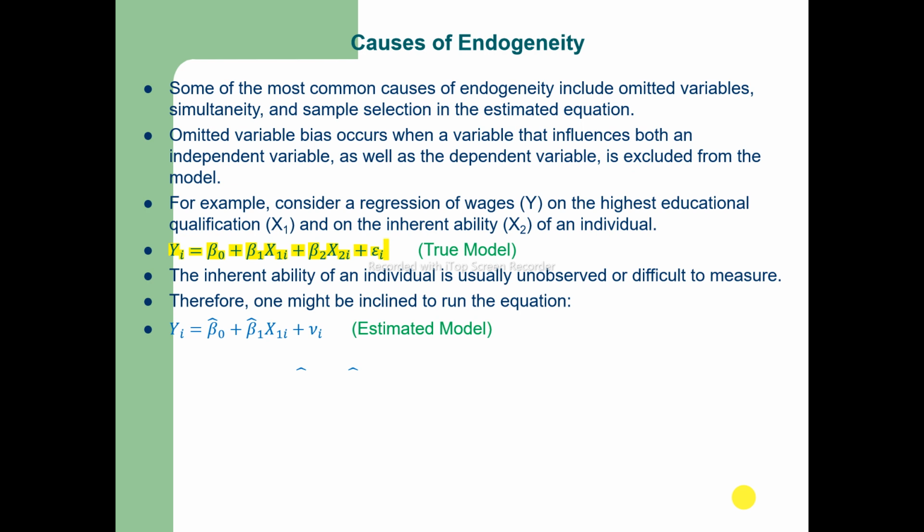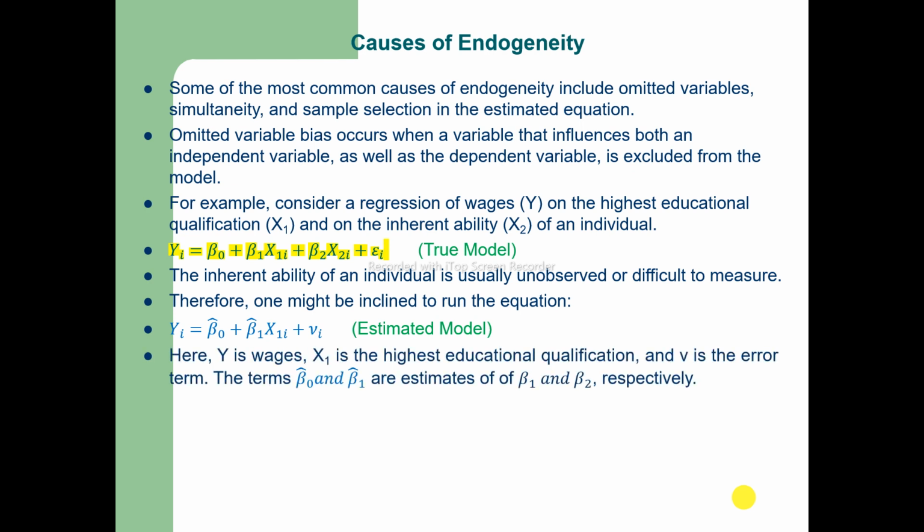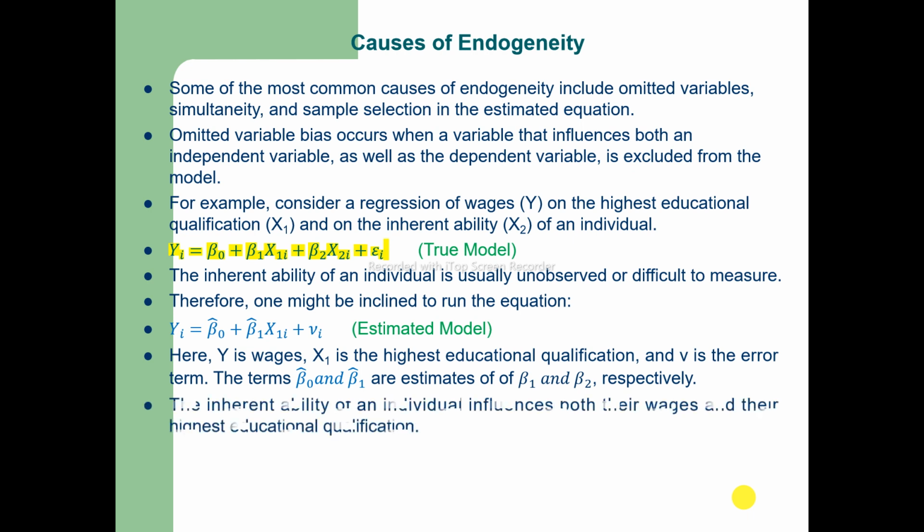And let us suppose the estimated model is yi is equal to beta naught hat plus beta 1 hat x1i plus vi. Here y is wages, x1 is the highest education qualification, and vi is the error term. The terms beta naught hat and beta 1 hat are estimates of the true population parameters beta naught and beta 1 respectively.